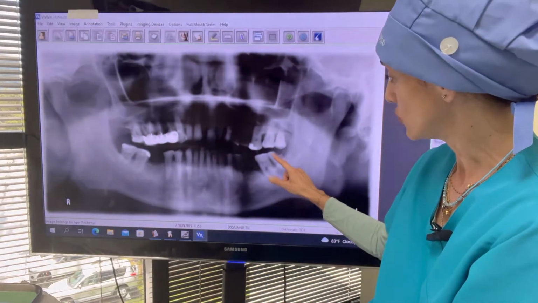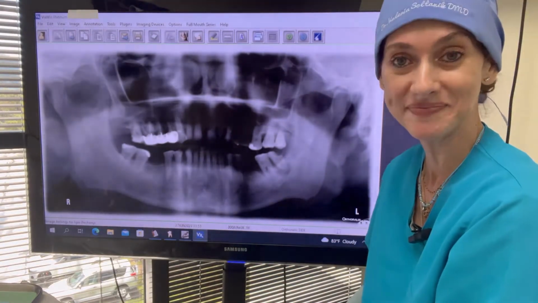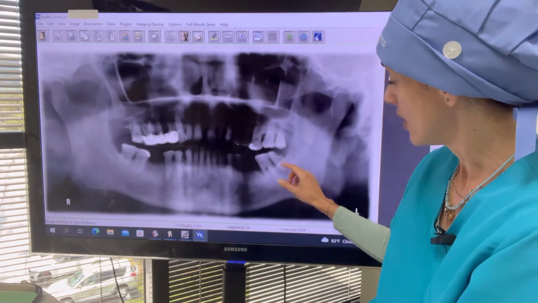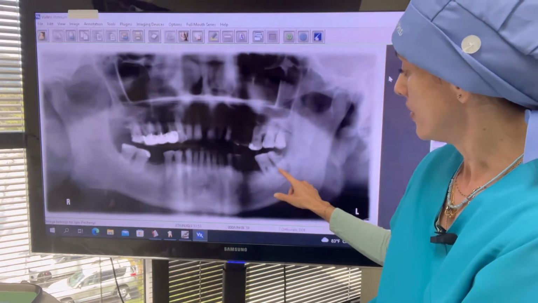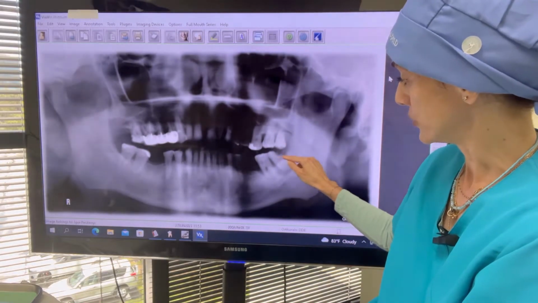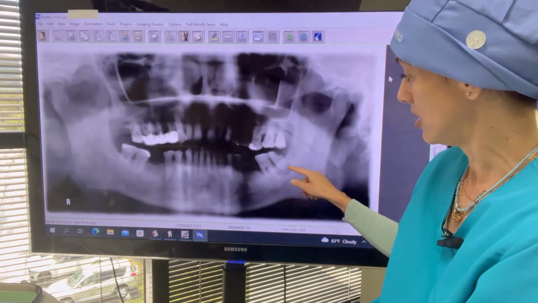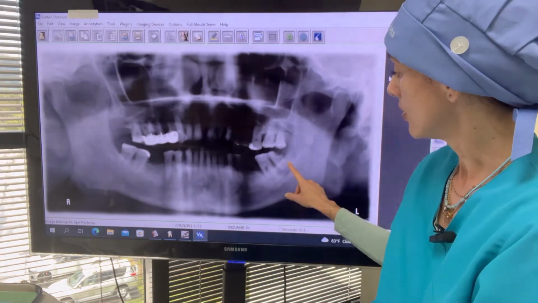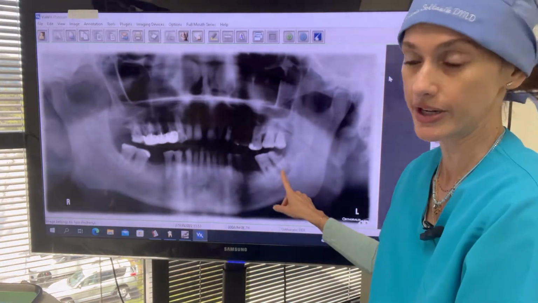And this tooth is also broken. The break is on top of the nerve, thus the decay or the break on this tooth plus the bone loss created an area of infection.